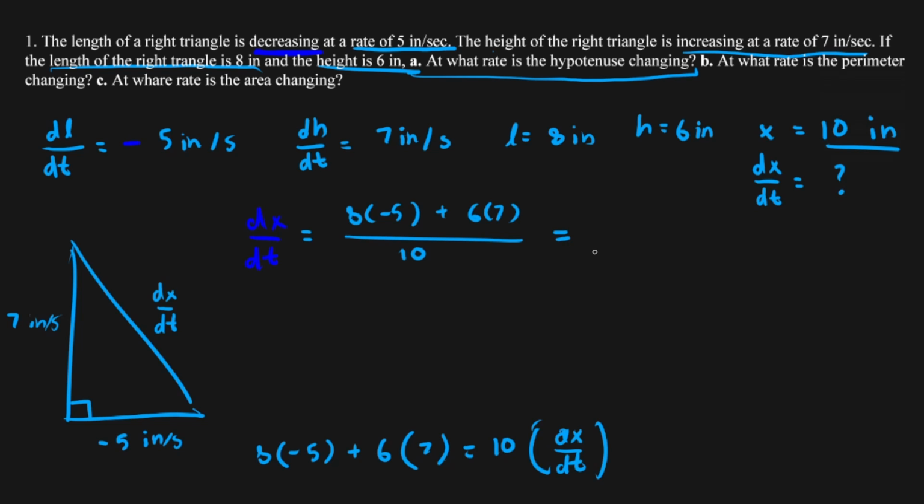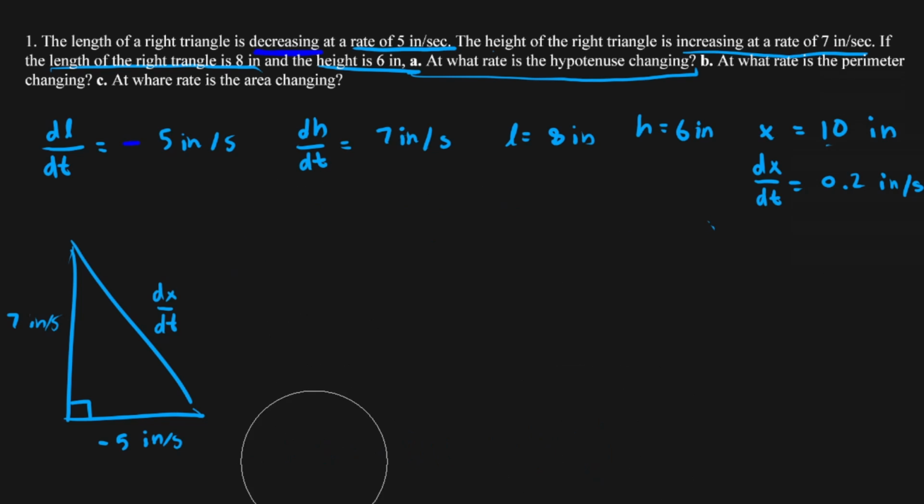And this equals 0.2 inches per second. So -40 plus 42 is 2, and 2 over 10 is 0.2. So that is the rate at which the hypotenuse is changing. So we could put that over here, 0.2 inches per second. And that's our answer for A.